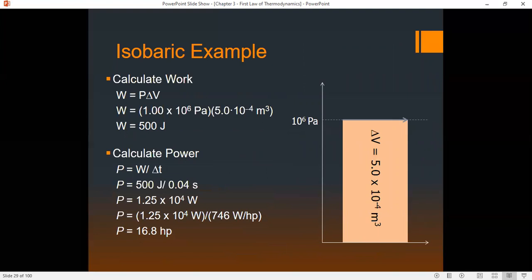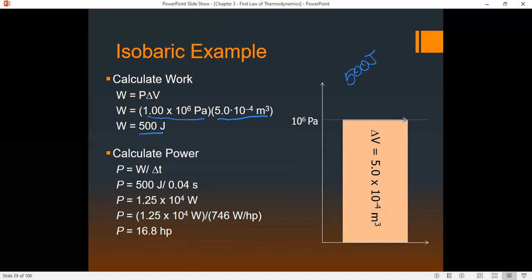Work equals pressure times delta V. We have 10^6 pascals. All right. We have 5 times 10 to the minus 4 meters cubed of volume change. And this is going to give us 500 joules. Okay. So every time the cylinder goes through its power stroke, it's going to give up 500 joules to the outside.